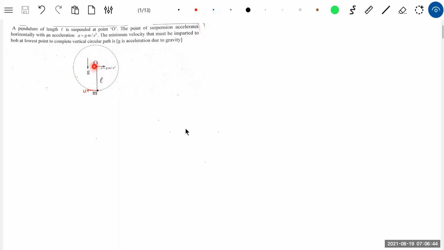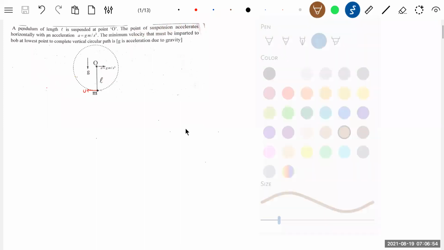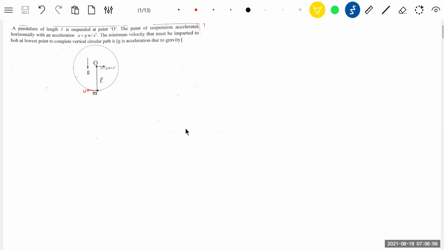The point of suspension accelerates. What is the thing here? The point of suspension accelerates. I think if you look at this part, okay, let's analyze.